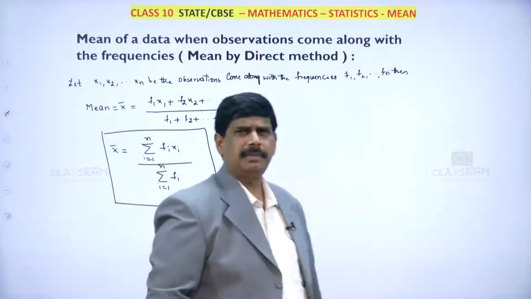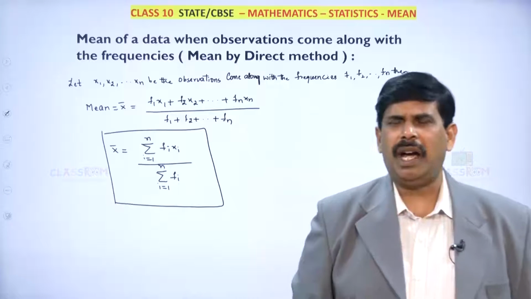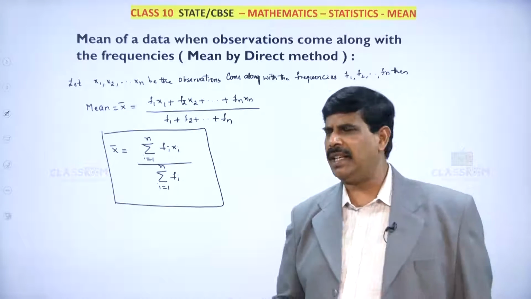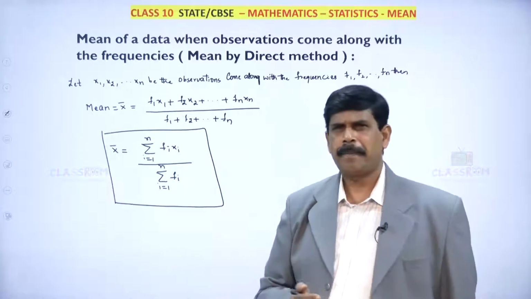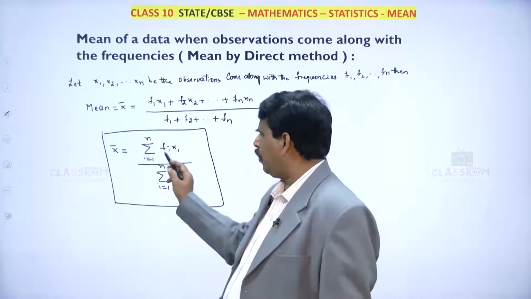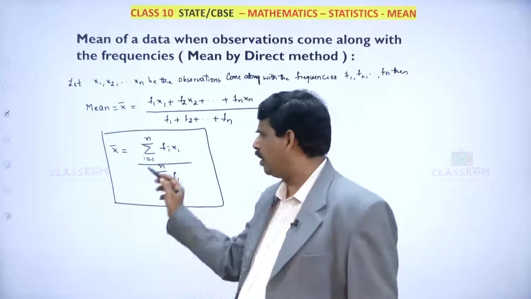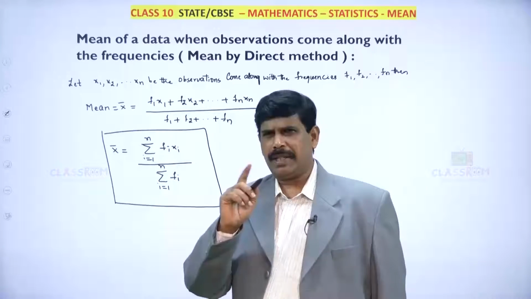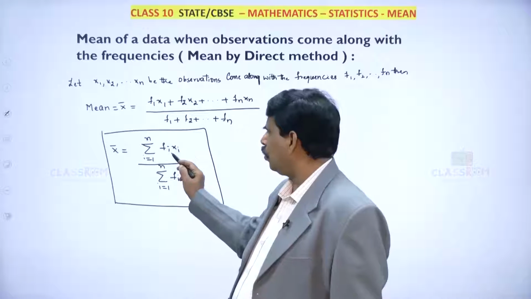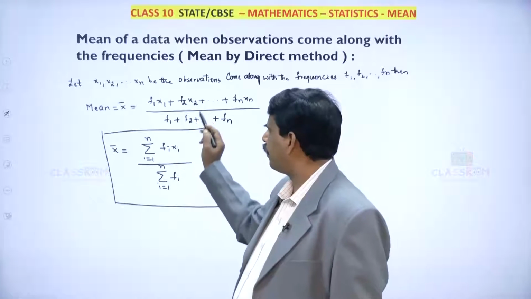Is it clear? Sigma fi xi, where i takes the values 1 to n, sigma for summation. So let's go with the first: wherever i is there you keep 1, so it is f1 x1. As sigma is there you keep plus, next value 2, f2 x2, like that.